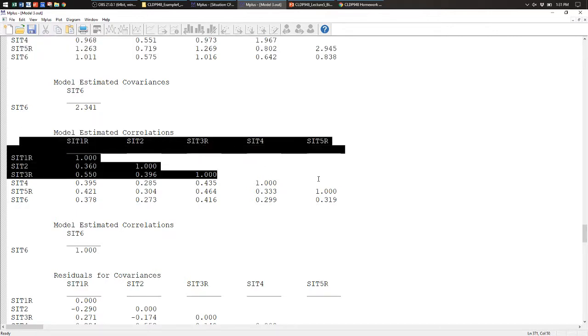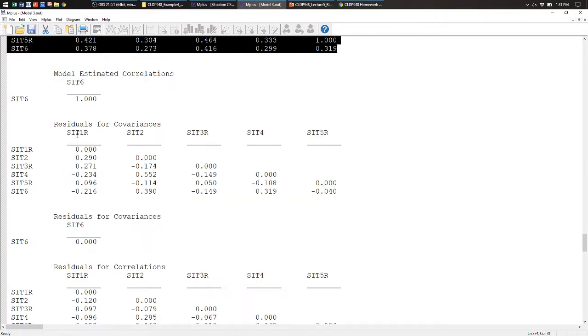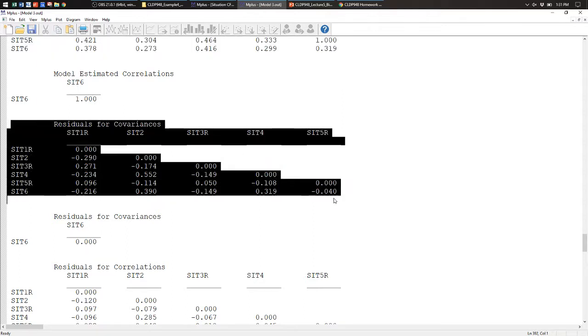This is the correlation version of that matrix where the variances have been replaced with ones on the diagonal. Then we get to residuals for covariances, which is not residual in the sense of the factor, it's residual in the sense of discrepancy. It's the mismatch between model and data. So this residual for covariances is how far off each covariance is in a covariance metric.